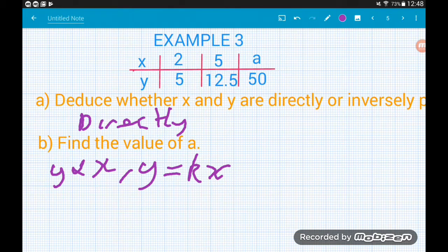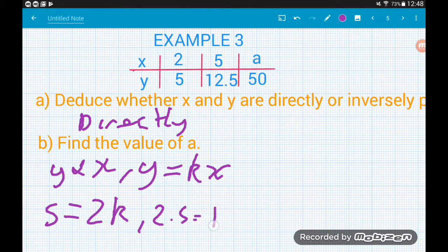So if we substitute that into y equals kx, we get 5 is equal to 2k. And then if we divide both sides by 2 there, we get 2.5 is equal to k, or k is equal to 2.5. So up to there then, we now know our equation linking x and y together.